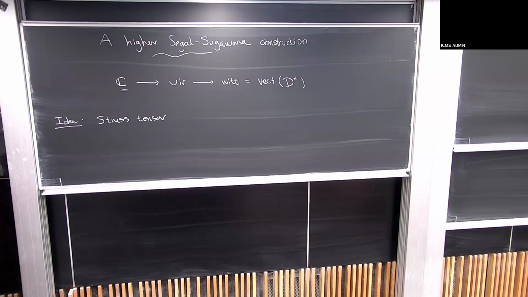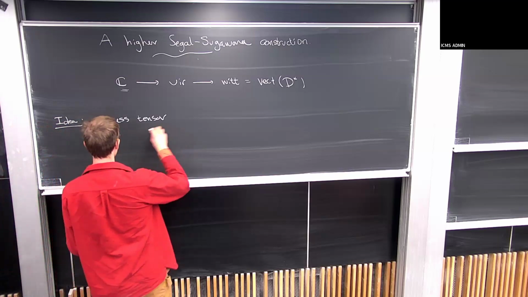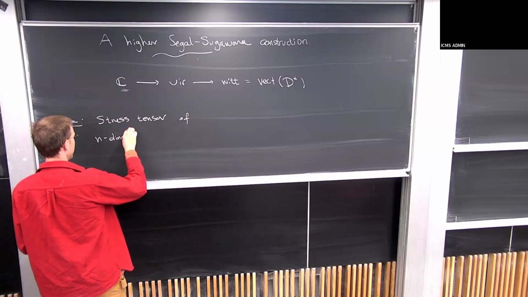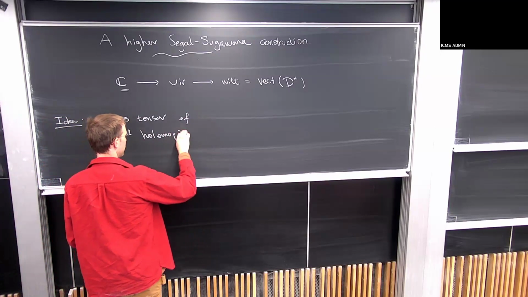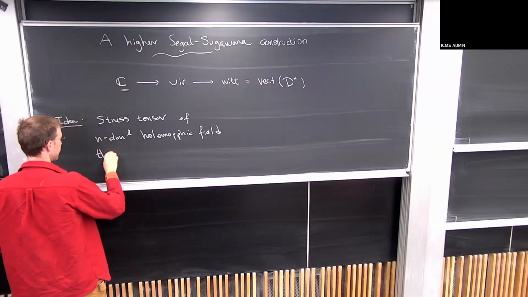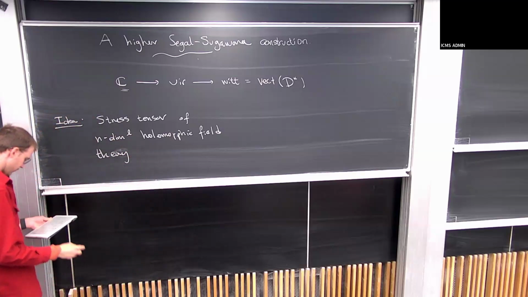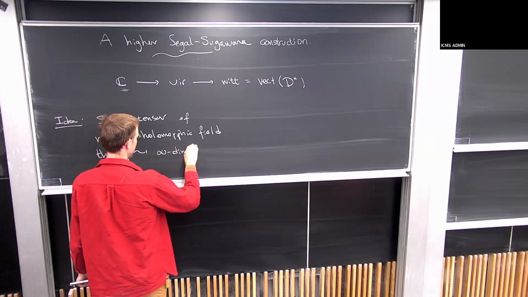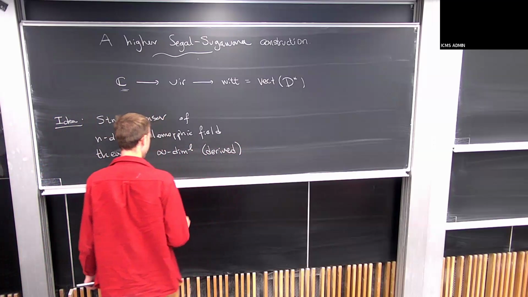So I'm going to look at the stress tensor of an n-dimensional holomorphic field theory. And we're going to find that there's also infinite dimensional symmetry enhancement. Importantly, though, the symmetry is inherently derived.